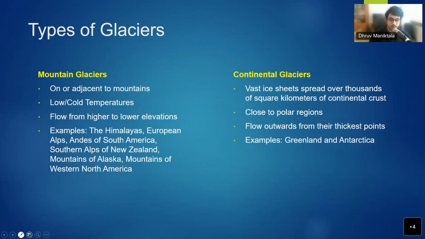In continental glaciers, we can only describe two places, which are the Greenland ice sheet and the Antarctica ice sheet. Continental glaciers can also be found on other planets, for example, Mars. They also have a polar ice cap on one of the poles of Mars. So these are the basic differences between the mountain glaciers and the continental glaciers.